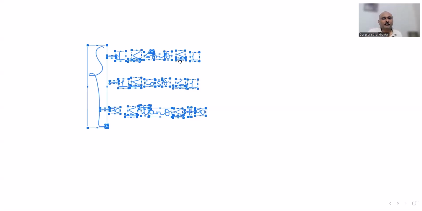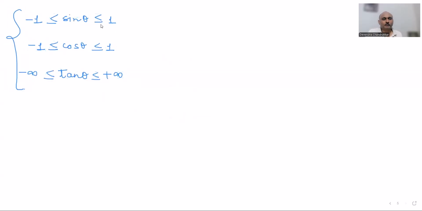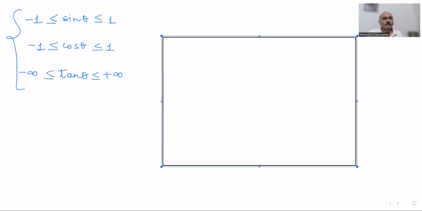And meanwhile, while you are noting it, I will draw this table for all of you. So this is the trigonometric table which we are interested in, and you have to memorize it. Okay.